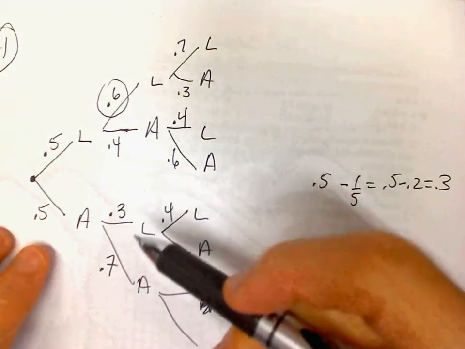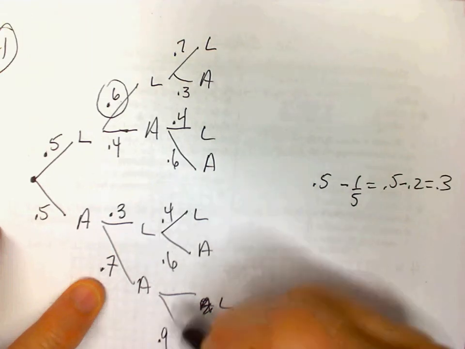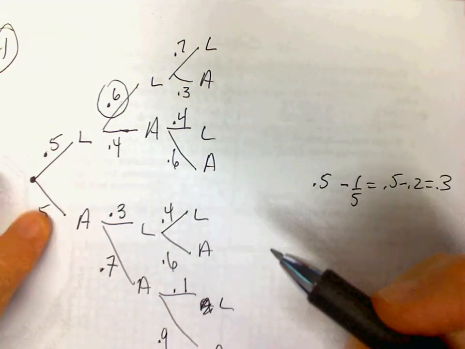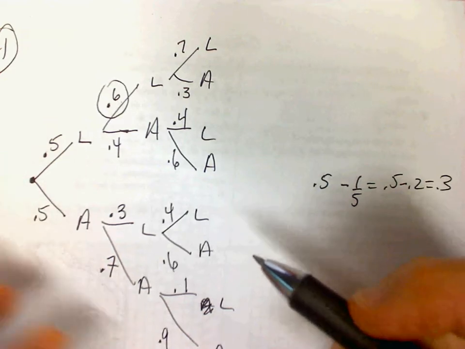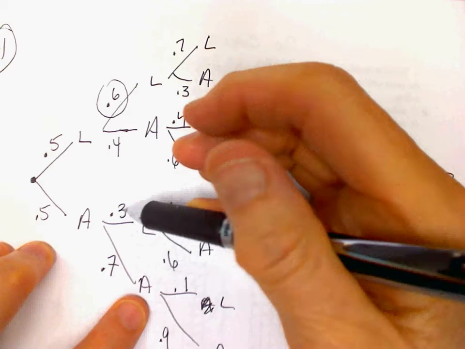This is going to be 0.9, 0.1. Every time she wins it goes up by 0.2. So he lost, so 0.3 minus 0.2 is 0.1.